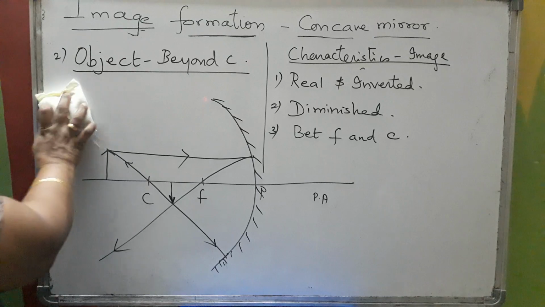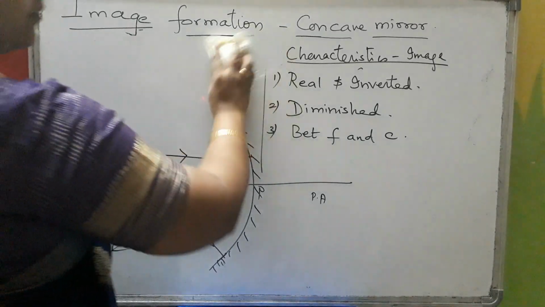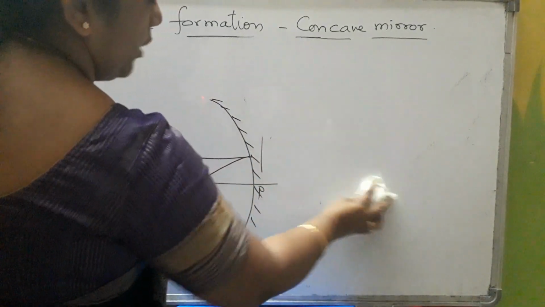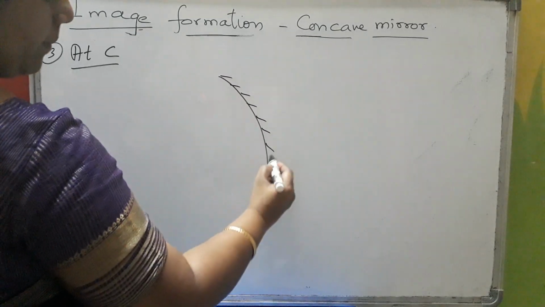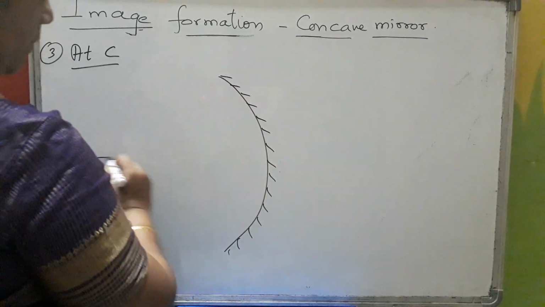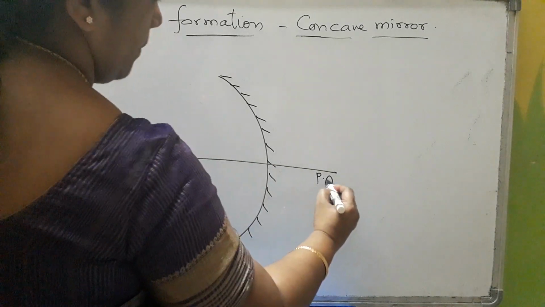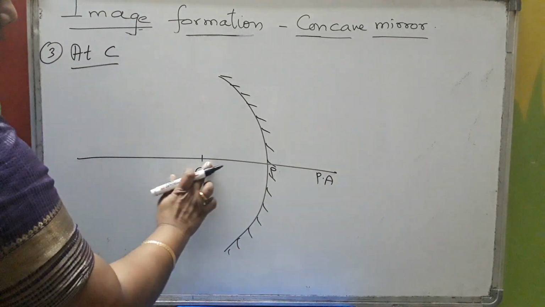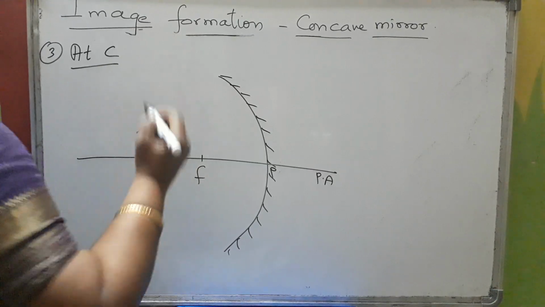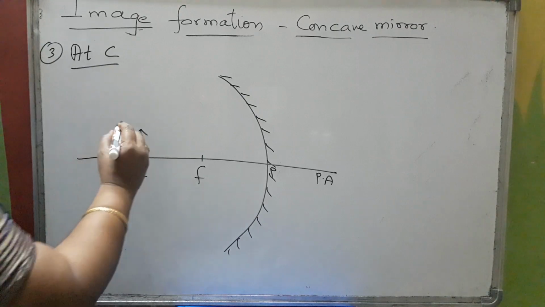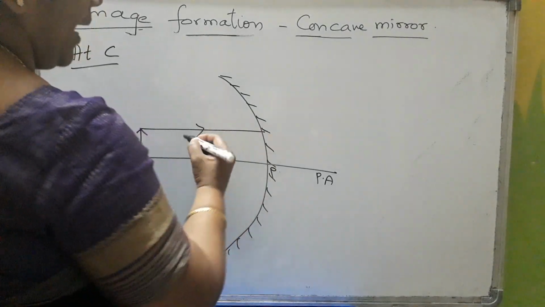I'll go to the next ray diagram where the object is placed at C. The object is placed at C. Principal axis, pole, focus, at C. Positioning the object at C. The first ray moves parallel to the principal axis.